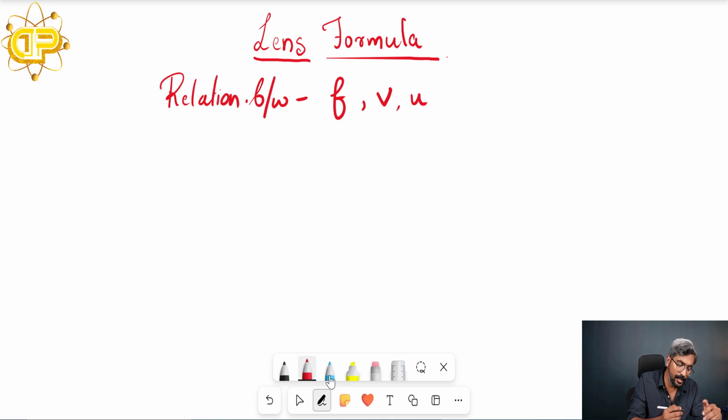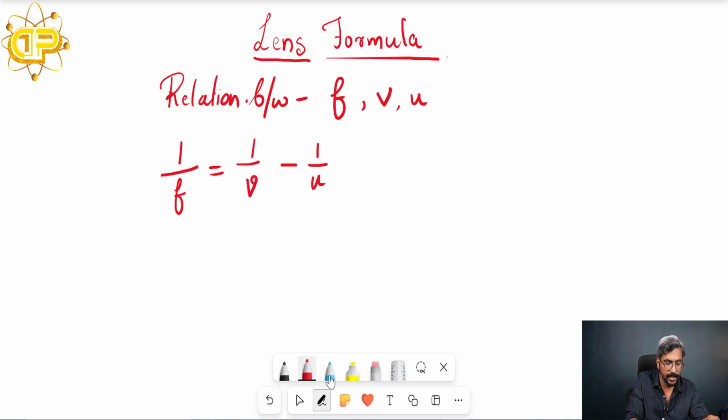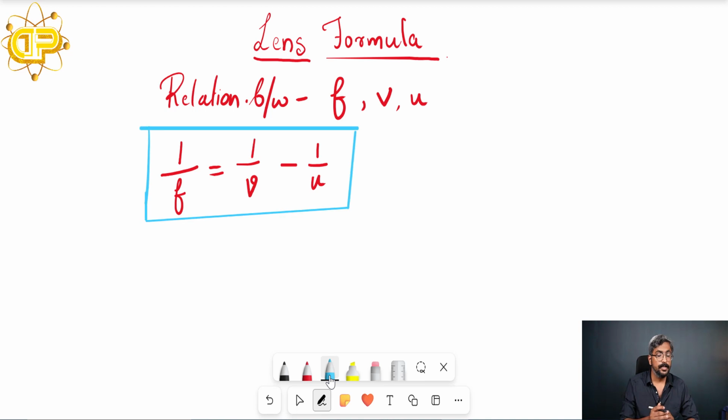So what is this lens formula? The lens formula goes like this. The reciprocal of focal length is equal to the difference between reciprocals of image distance and object distance. That is 1 by f is equal to 1 by v minus 1 by u. So this is the lens formula.